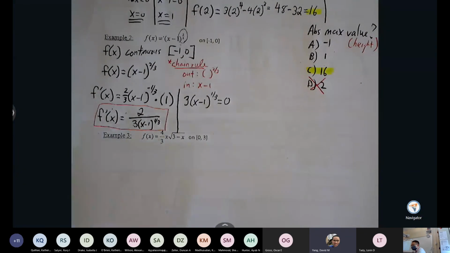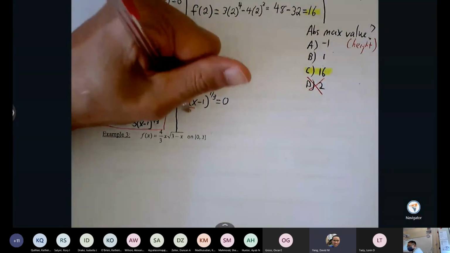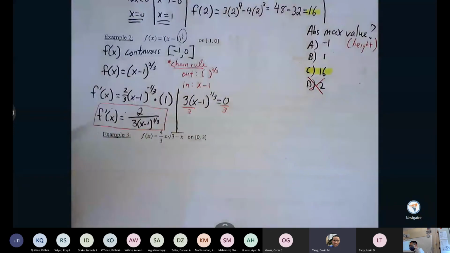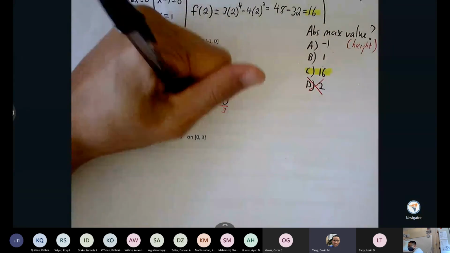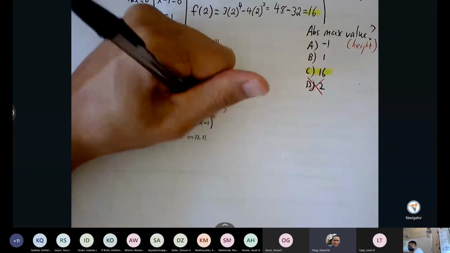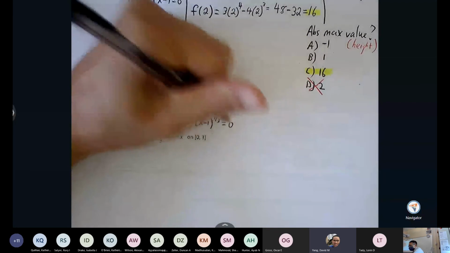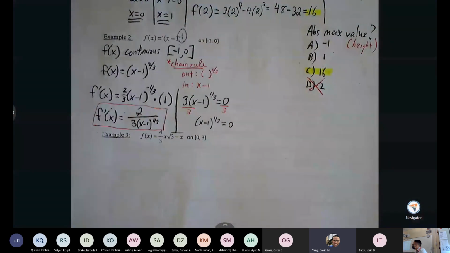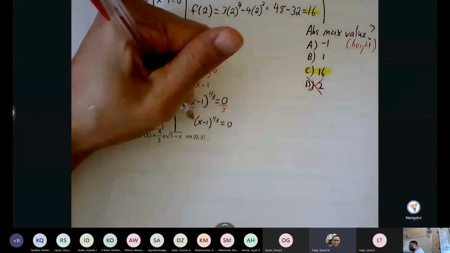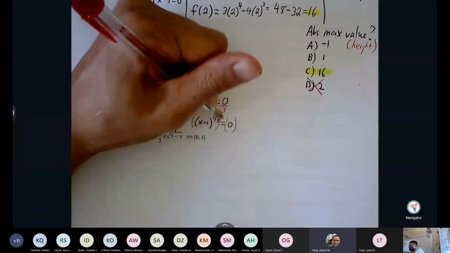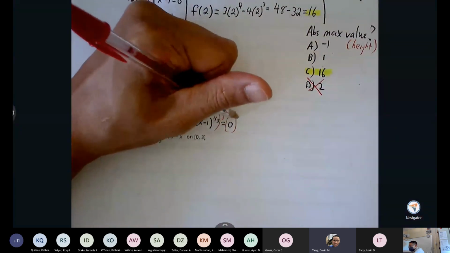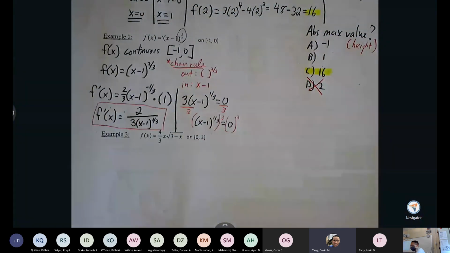Divide by 3, cube both sides. Okay. So if I raise both sides to power of 3, I can get that 1/3 to go away.